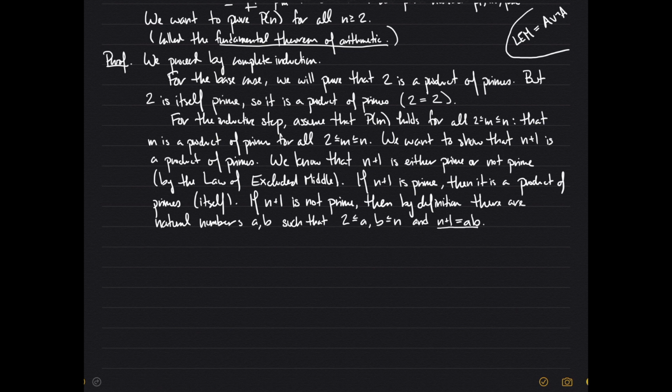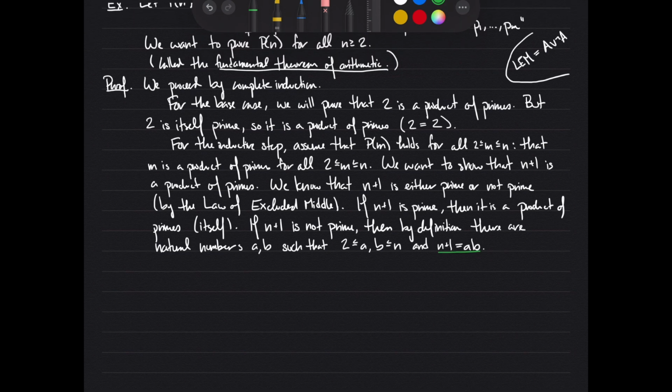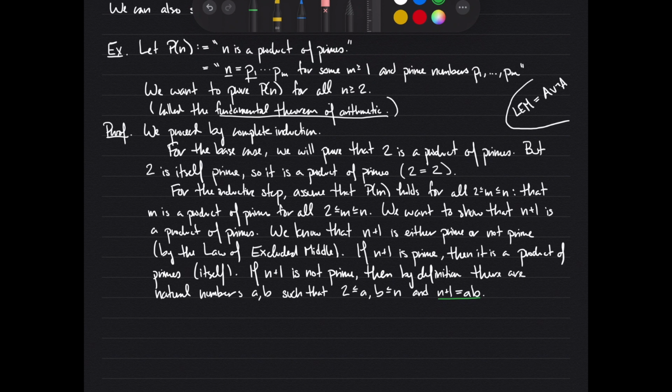Okay, so we have this, and now what we have here is getting kind of close. Let me give this a different color. So what we have here is getting kind of close to what we want. Let me bring down our statement. It's getting close to what we want, but we don't know that a and b are prime.